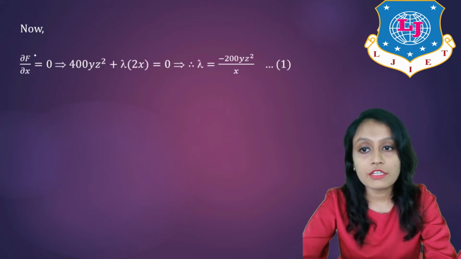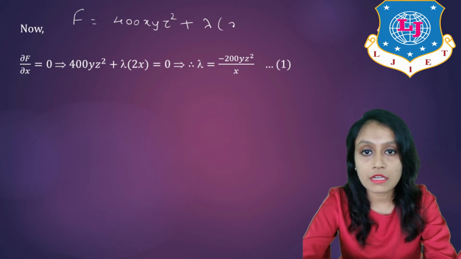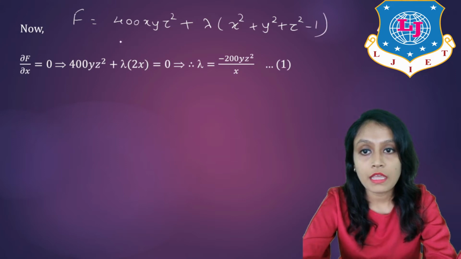Now we will differentiate that F with respect to x. Now what is F? F is given, that is 400 x, y, z square plus lambda times constraint x square plus y square plus z square minus 1. Now we have to differentiate this equation partially with respect to x.